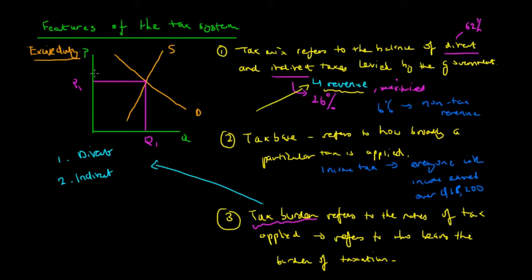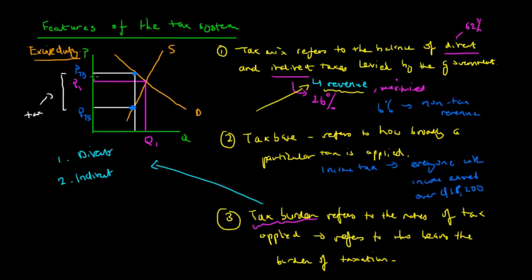But if the taxation is here, denoted by the white brackets, that is the rate of tax, we can see that the price the suppliers get is at PTS, P tax on the suppliers, and the price at which the consumers buy is at PTD.